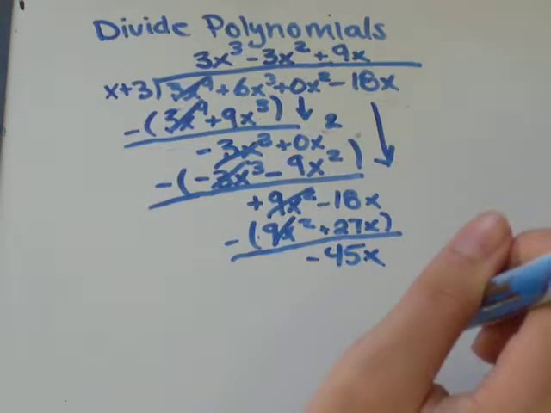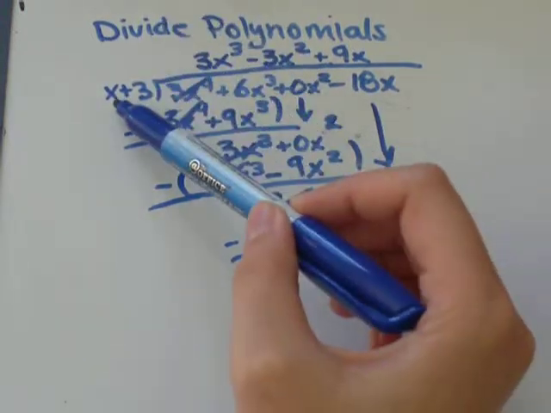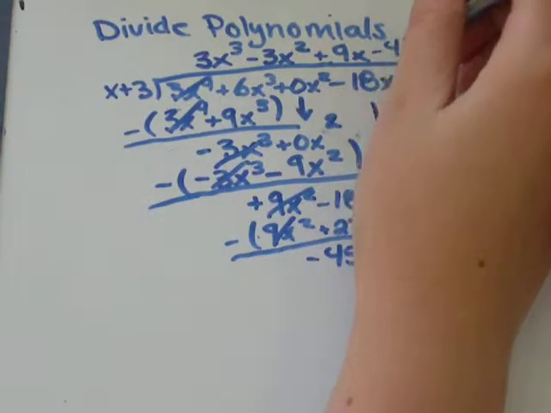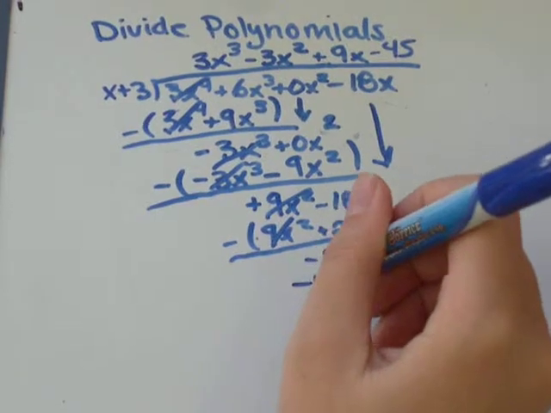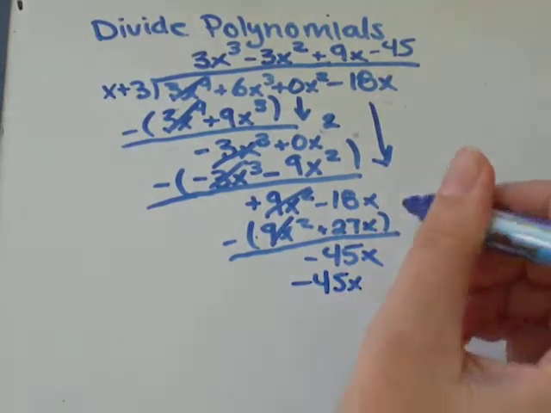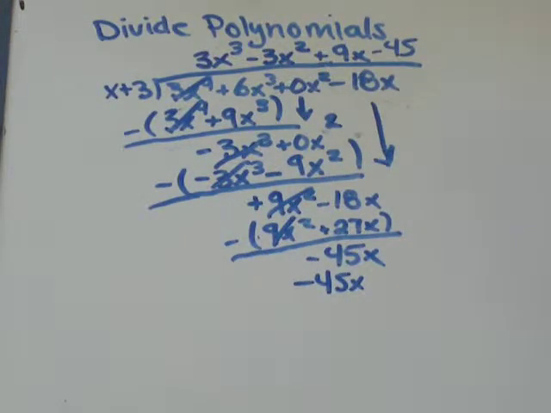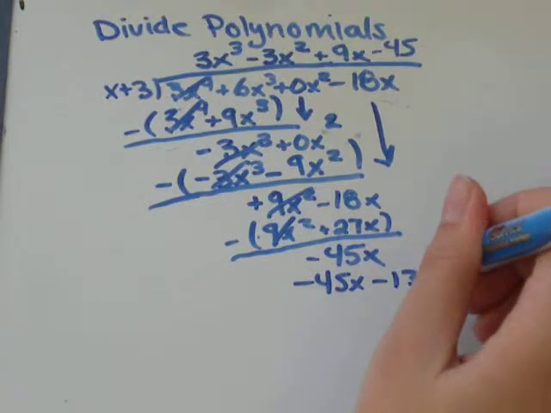Negative 45x. So, what do I need to multiply x by to get negative 45x? Probably negative 45. Negative 45 times x will be negative 45x. And then negative 45 times positive 3 will be negative 135.